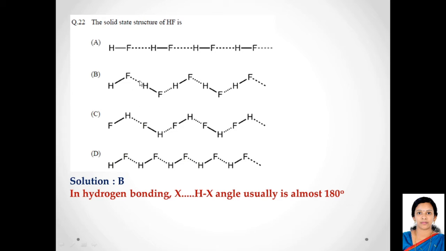You should have a hydrogen between 2 fluorine atoms, and the angle between the fluorine, hydrogen, and the fluorine has to be almost linear. So that is how it is in hydrogen bonding. So in hydrogen bonding, the angle between the electronegative element, hydrogen, and the other electronegative element should be almost linear. Okay, so option B is our correct answer. You see again, hydrogen is between the 2 electronegative atoms. So option B here is the correct answer.